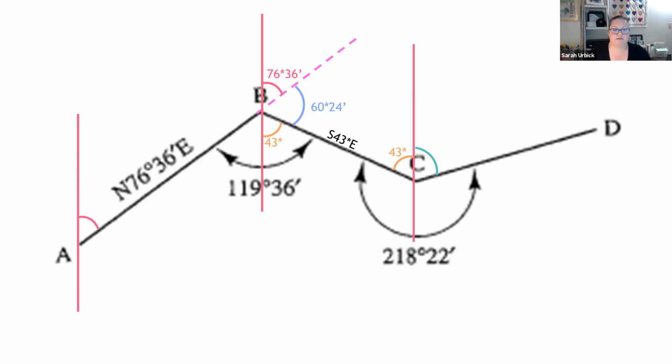When we do the math, we say that angle is going to be 360 degrees, a full circle, minus the 43 degrees and minus the 218 degrees 22 minutes, which gives us that little pie shape, this little angle with the green mark. So if we do that math, yep, Kenny, that's correct. 360 minus 43 and 218, 22.